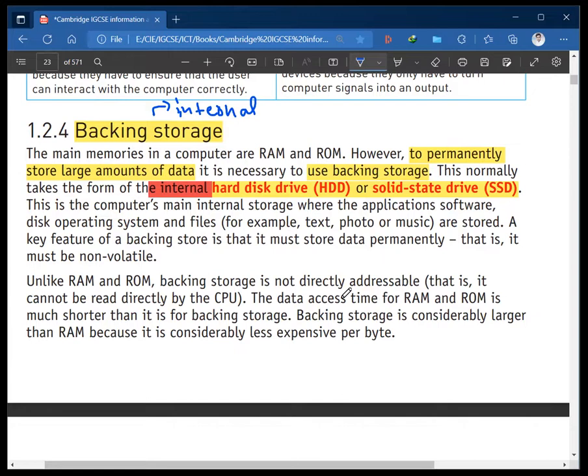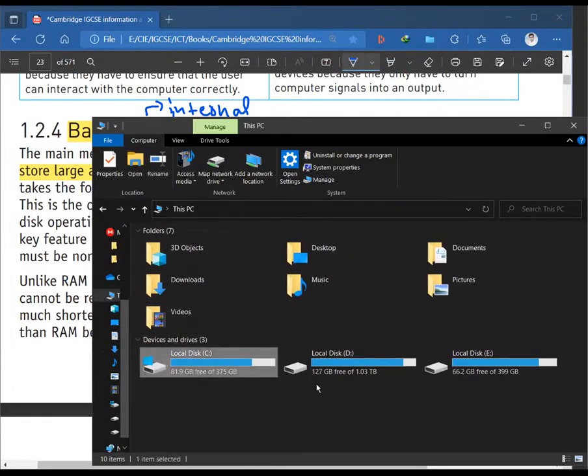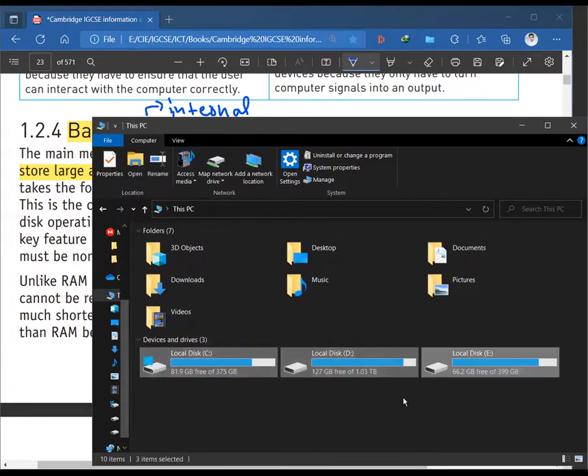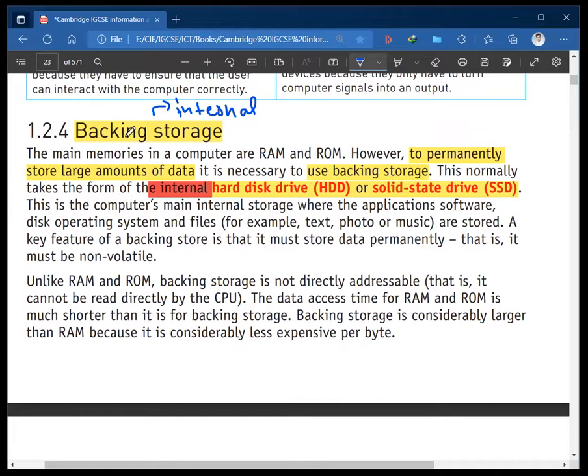Those places in the computer? Right now, if you look at computers, they have different hard disks. C drive, D drive, E drive. All of these have some storage capacity where we store some files. That is what we mean by backing storage.